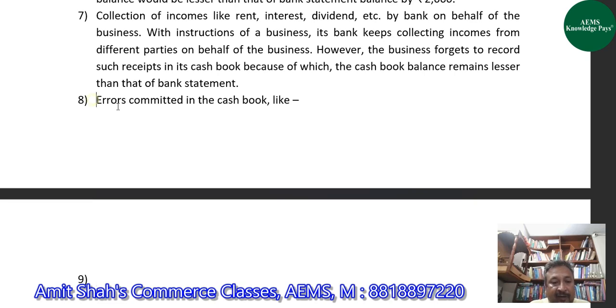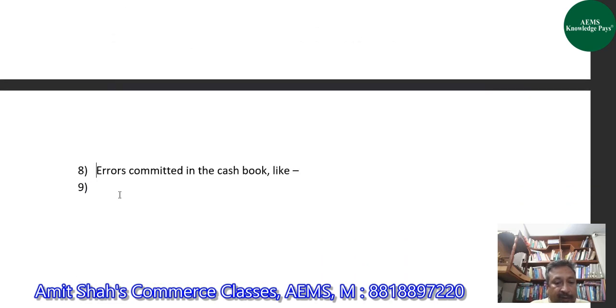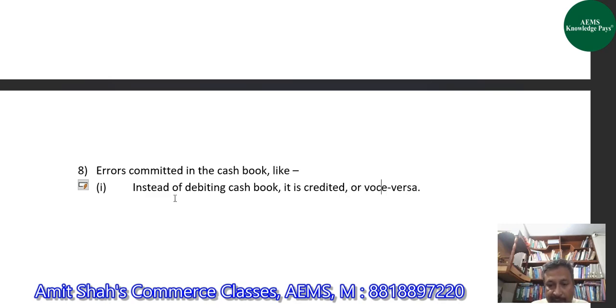Next, due to the errors that the accountant of a business commits in the cash book, there may be a difference in cash book and passbook balance, that is, cash book and bank statement balance, like: business has received money, but instead of debiting the cash book, it is credited. In which column in the cash book?